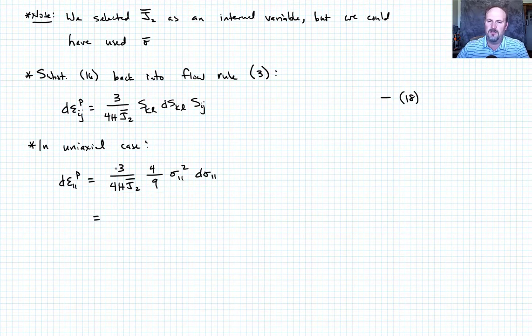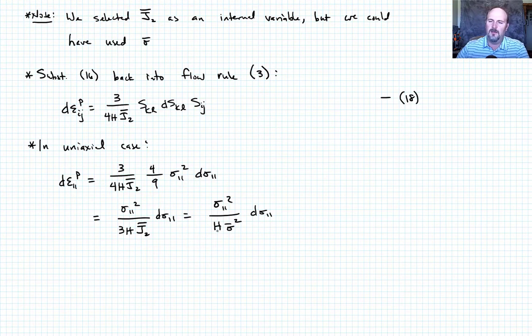My 4's cancel. My 9 and 3 can be reduced. So I'm left with sigma 1 squared divided by 3 times h times J2 bar times d sigma 1, which is going to be equal to, if you go back and use the relationship between J2 bar and sigma bar, sigma 1 squared divided by h times sigma bar, the quantity squared, times d sigma 1.